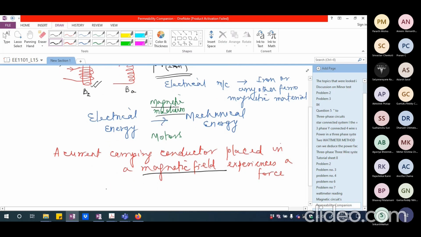Whereas if you look at generators, I'm going to have mechanical energy which is imparted to the conductor, or a bunch of conductors, with the help of some turbine, maybe hydro turbine, maybe steam turbine, or wind turbine, that is essentially going to make the conductors move in magnetic field.